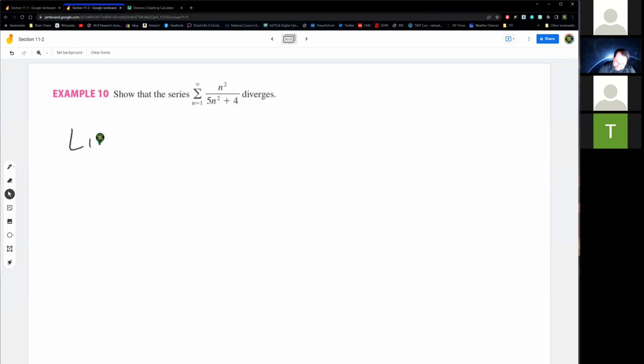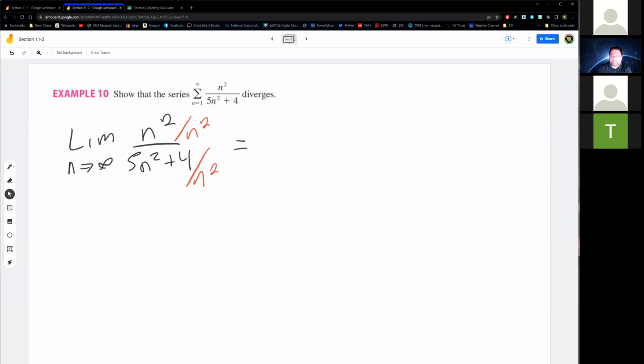So I'm looking for the limit of n squared over 5n squared plus 4. What am I going to divide everything by in this problem? n squared. Yeah. As long as I divide it by the same thing, it doesn't matter what I divide it by. It'll still come out to be the same thing.